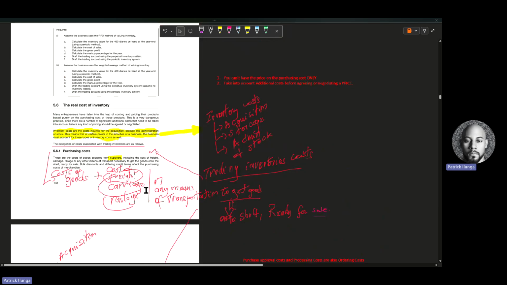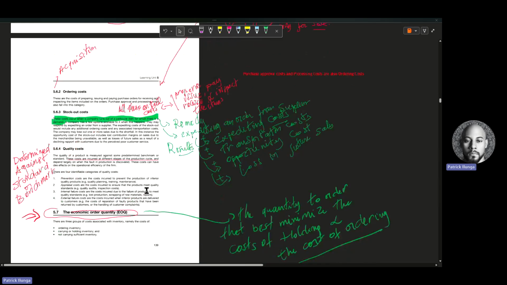So don't look at inventory cost as just purchasing cost. It's more than that. Like we said, inventory cost encompasses the acquisition, the storage, as well as the administration of stock.